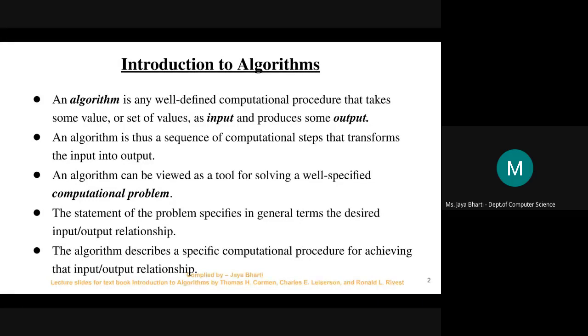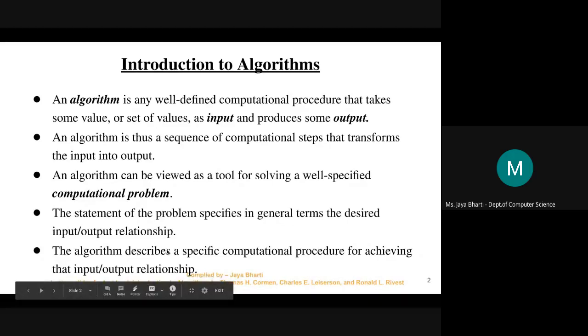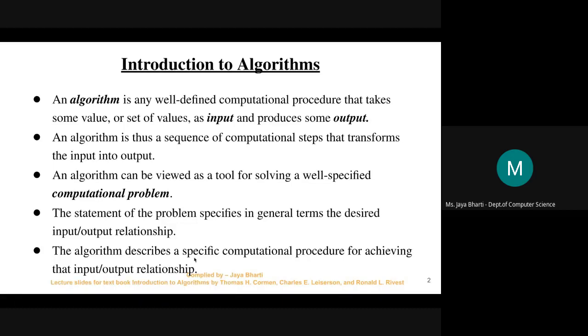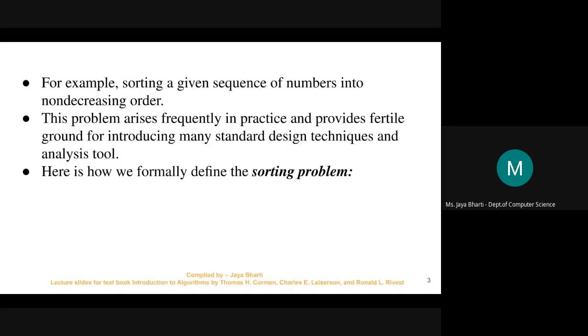You need to identify it, and then apply an efficient algorithm. The algorithm describes the specific computational procedure for achieving that input-output relationship. Whatever input-output relationship is given in the statement of the problem, you need to achieve it by using some algorithm. For example, we will take the example of a sorting algorithm.